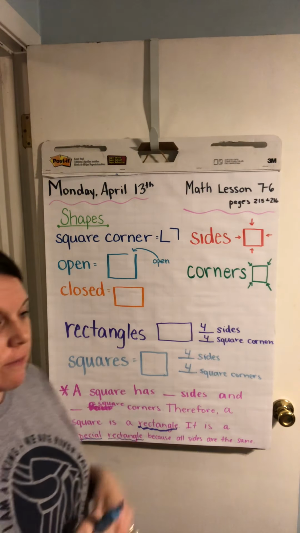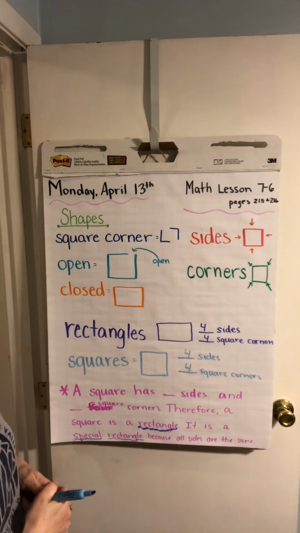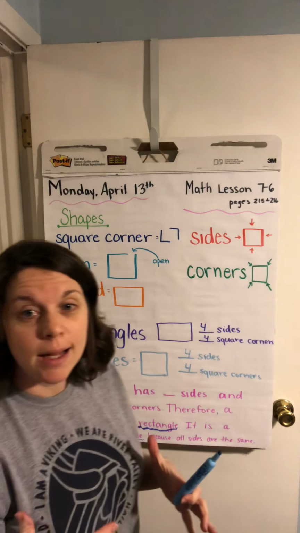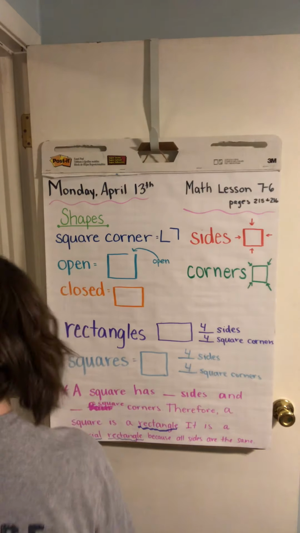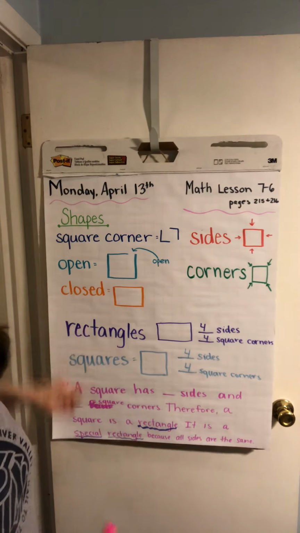Okay, so we have rectangles and we have squares, but now I'm going to tell you that a square is a rectangle. Okay, and here is why. Here is why a square is a rectangle.